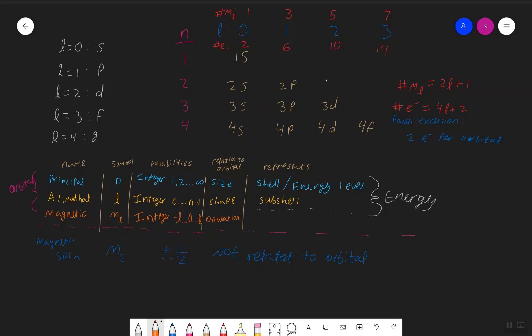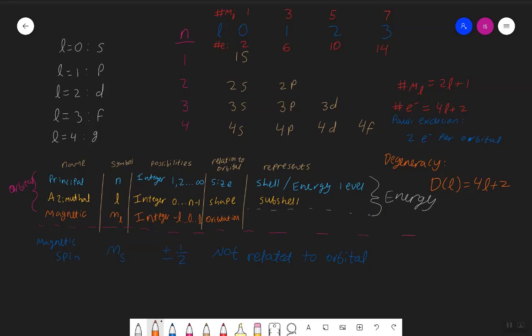Because we'll talk more in the next video about how each of these have different energies. The degeneracy, I'll say d of L, is equal to 4L plus 2. This is the degeneracy. This is the number of quantum states.